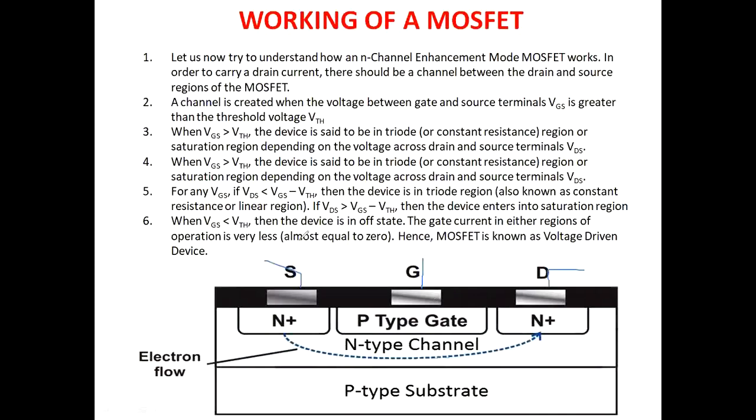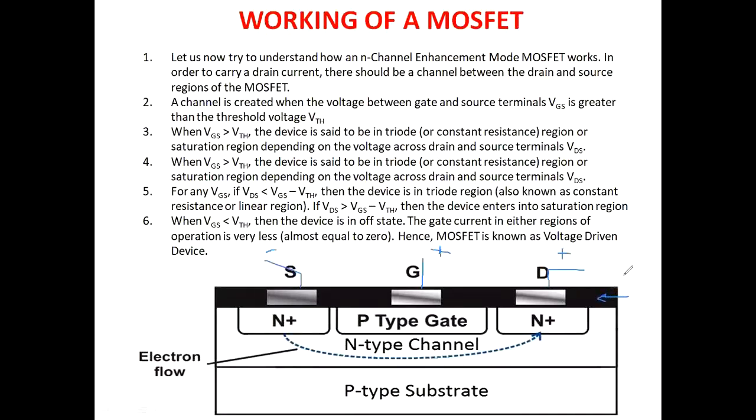The gate is connected to the positive voltage, the source is connected to the negative voltage, and the drain is connected to the positive voltage. These are the voltage levels. And this is SiO2, the isolation layer.